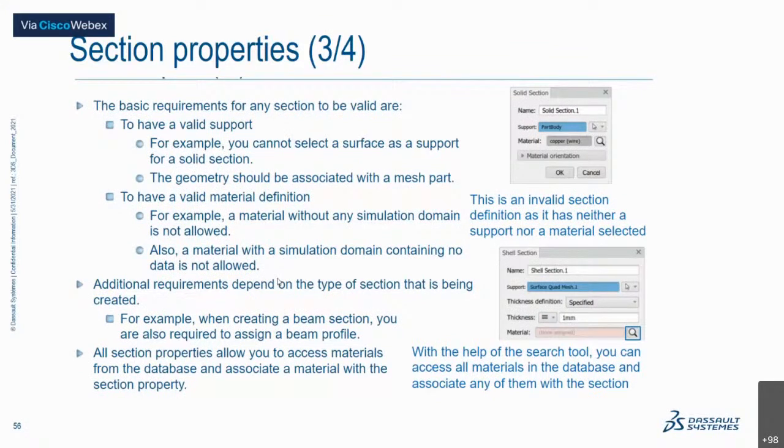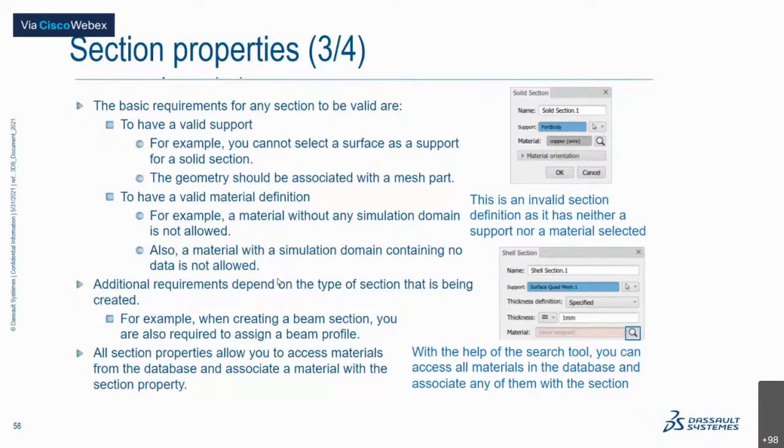Once you select a given type of section, for example the solid section that we have selected here, the item you will have to instantiate is the support. Support could be the part body on which you're working. You have to select the part body; you cannot go and select a surface for which a section is defined.